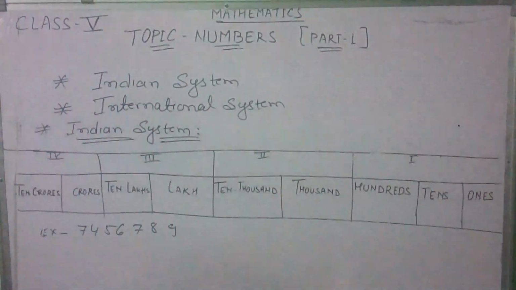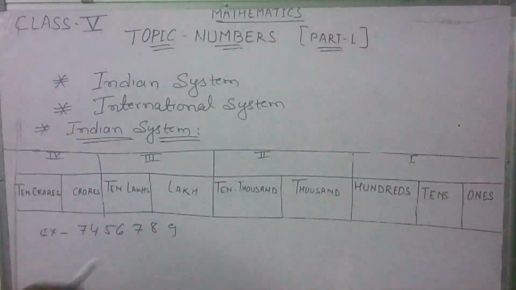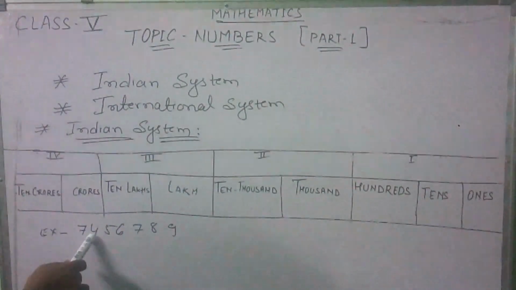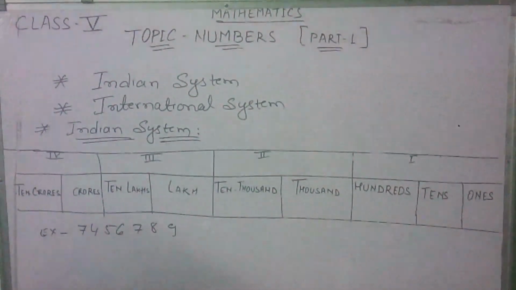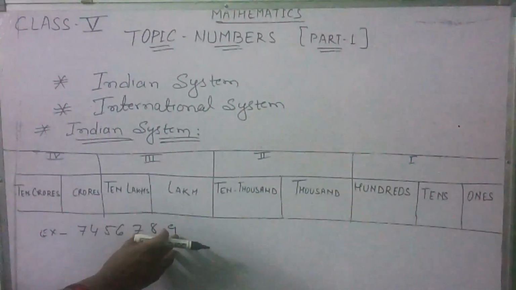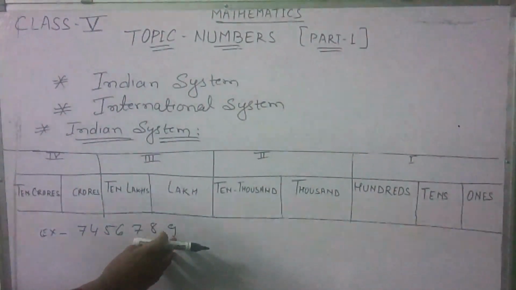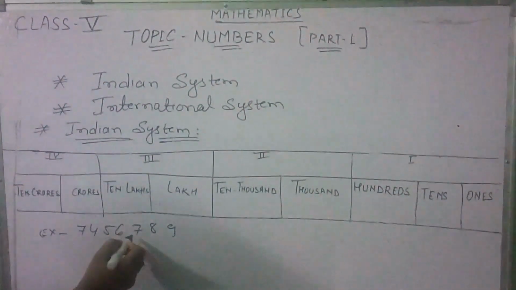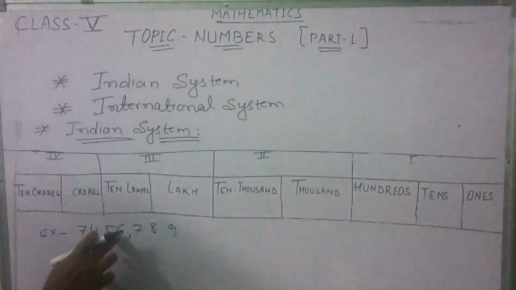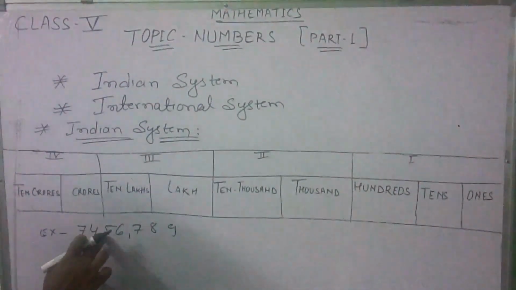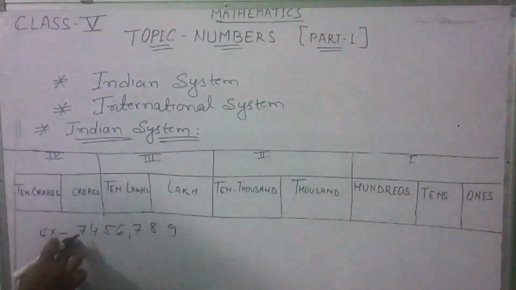Example: here a 7 digit number is given, 1, 2, 3, 4, 5, 6, 7. First we have to separate the first period, that is 3 digits: ones, tens, hundreds. We put a comma, and then 2 digits each: thousand, 10,000, comma, lakh, 10 lakh.